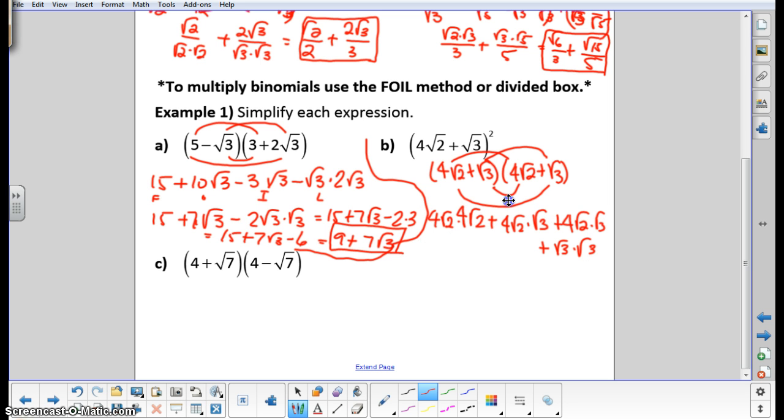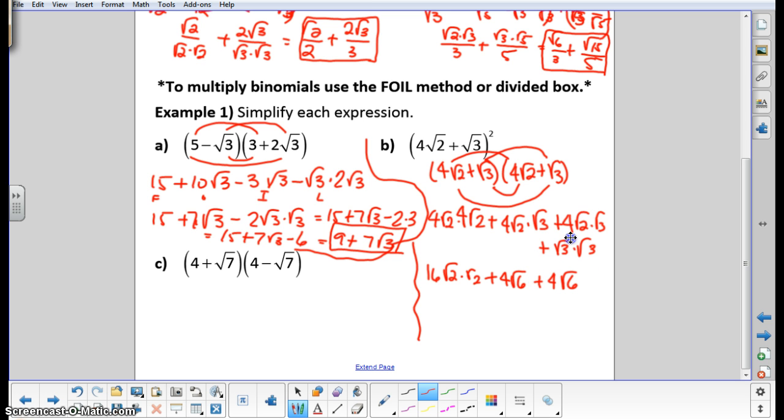Looks like a bunch of gobbledygook, but let's think about it and do some simplification. 4 times 4 is 16 times root 2 times root 2 is our first pass at simplifying that. Okay, 4 root 3, root 2 times root 3 is 4 root 6, because we can combine root 2 and root 3. This is going to be the same thing.